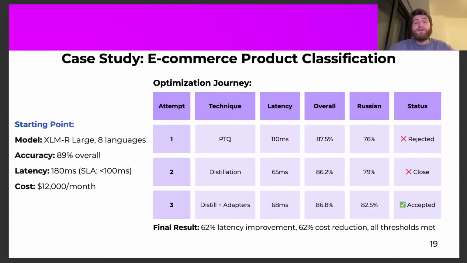The business constraints: latency must be under 100 milliseconds. Accuracy must stay above 85% overall. Russian accuracy must stay above 80% because it was a key market despite being only 15% of traffic.